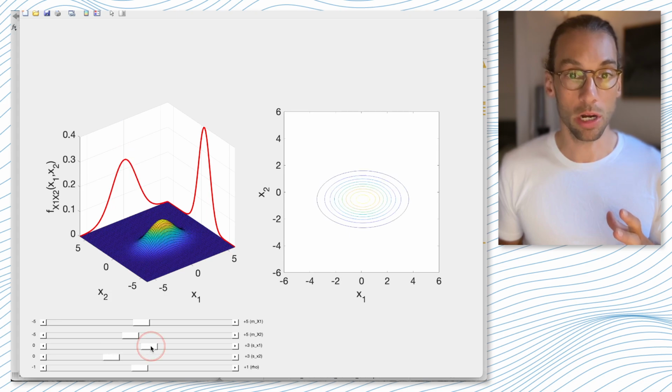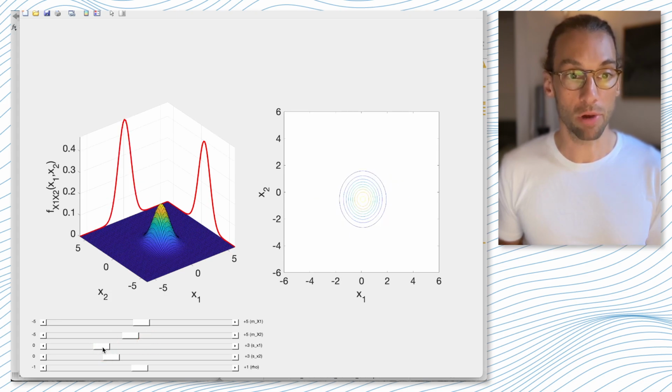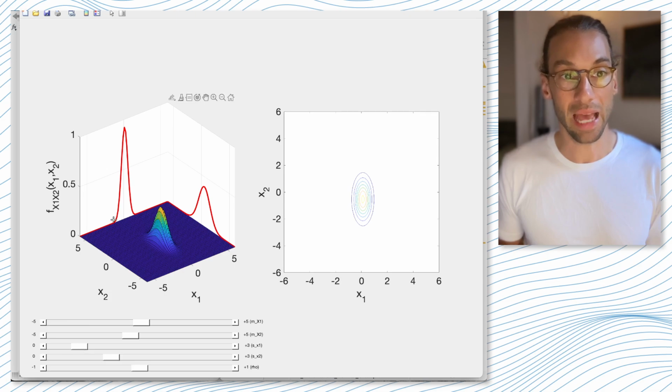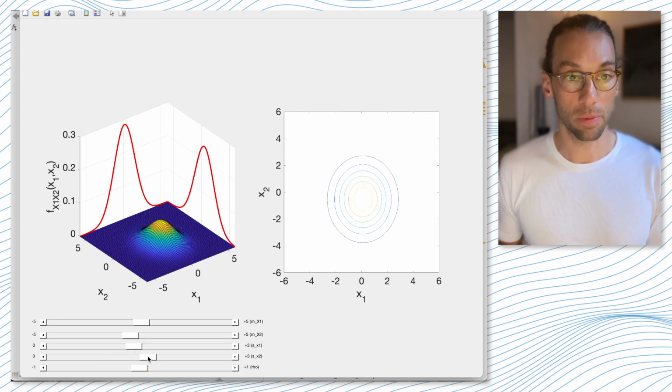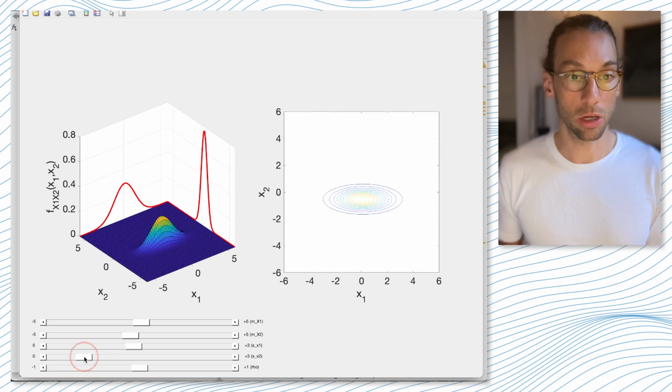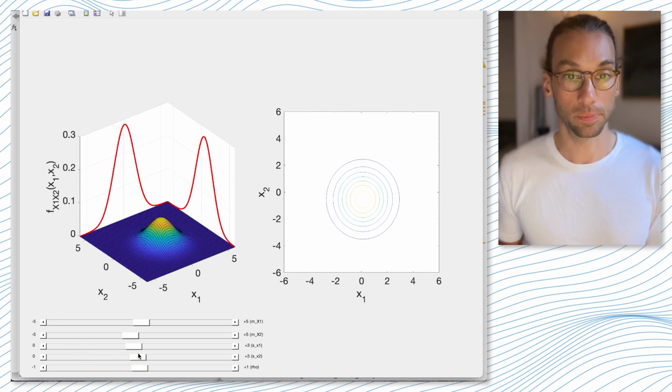I move sigma 1, I'm going to only change the spread around my first direction. And you can see how now my marginal PDF gets updated as I change these values. If I change my second one, this is the spread that changes along the second direction.